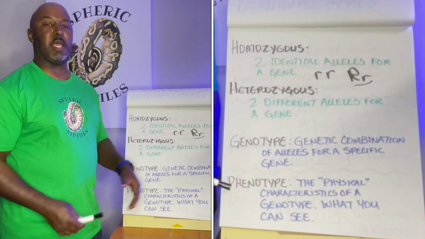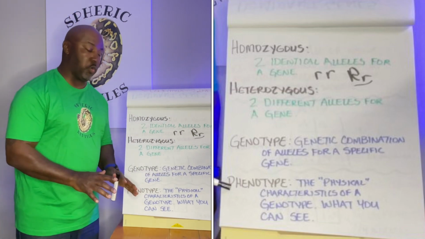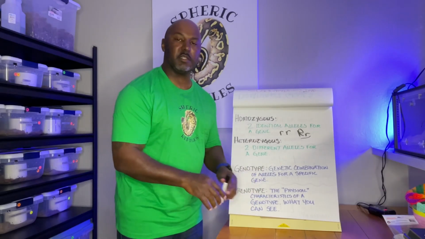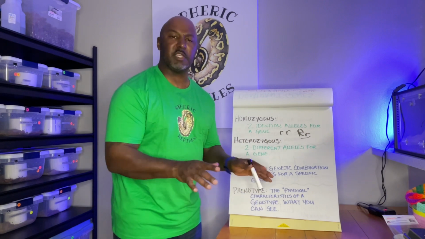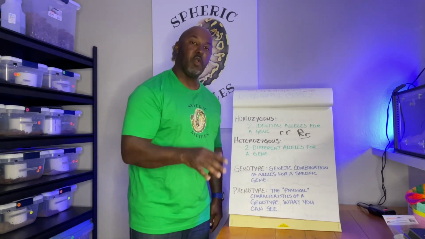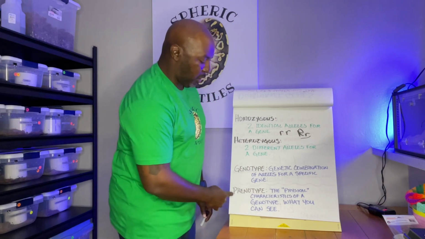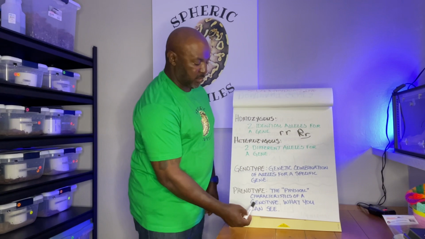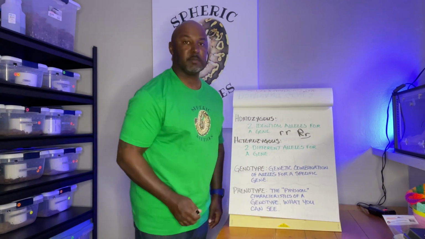That's the genotype. It's basically the code for that expression of that gene, however it looks: incomplete dominant, codominant, recessive, whatever it is. Now, what you visually see or what you can put your hands on, that's the phenotype. That's the physical characteristics of a genotype, and that's what you can see.